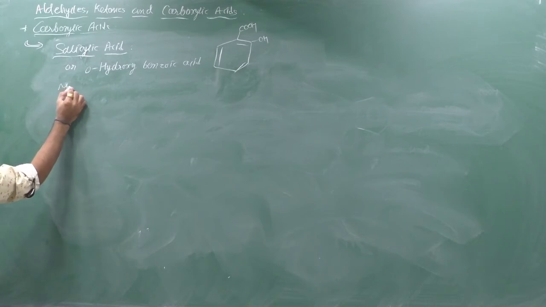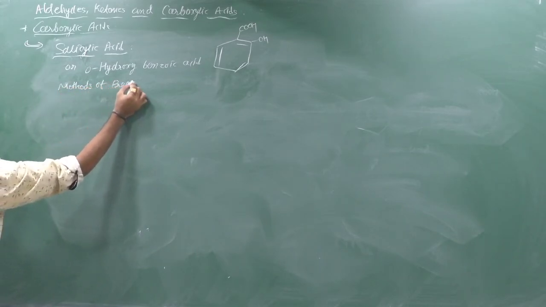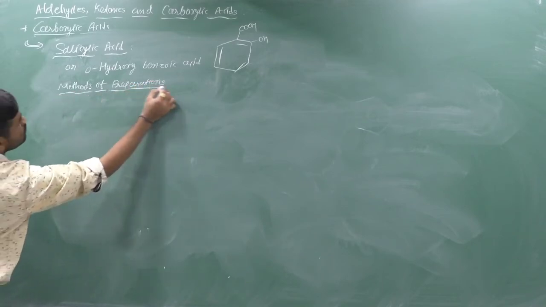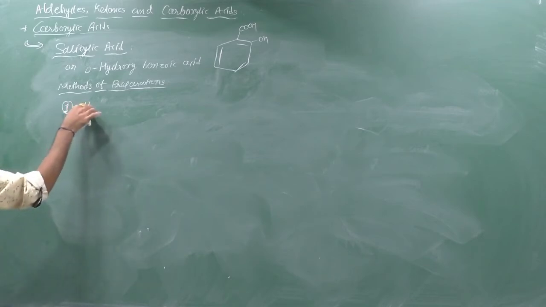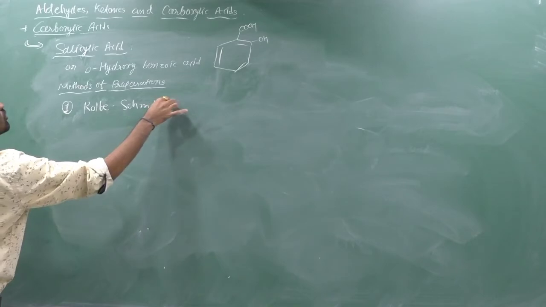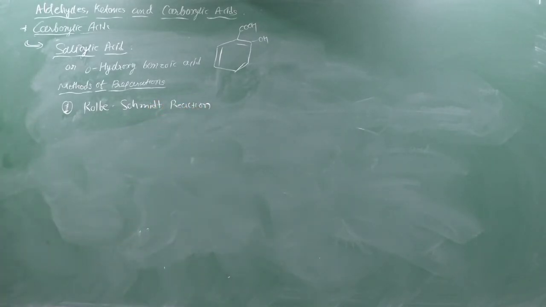What is the method of preparation? First reaction which can be used for the preparation of salicylic acid is the Kolbe-Schmidt reaction. What is the starting material?